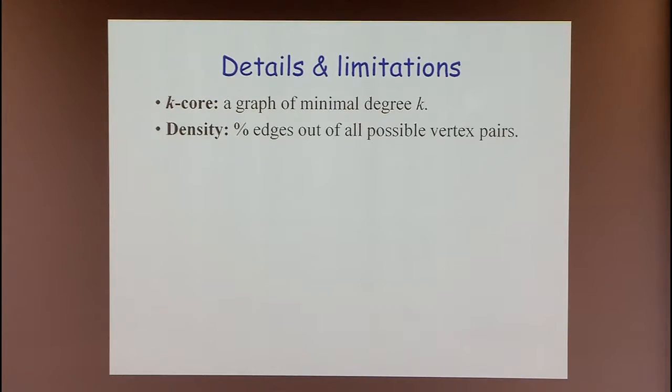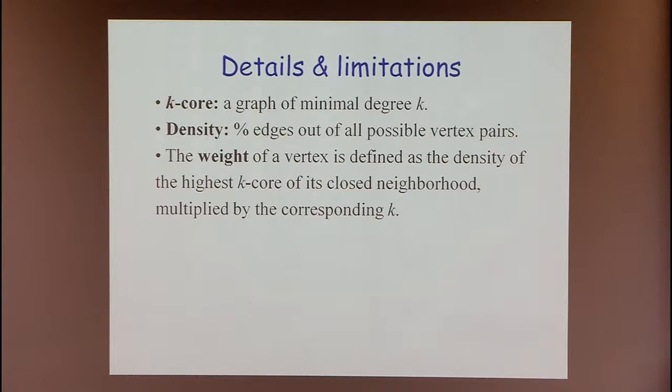So now, another definition I will need in order to describe the weighting scheme is the density of a set. The density of the set is very similar to the clustering coefficient defined by Donna. It's simply the percent of edges in a set out of all possible vertex pairs.